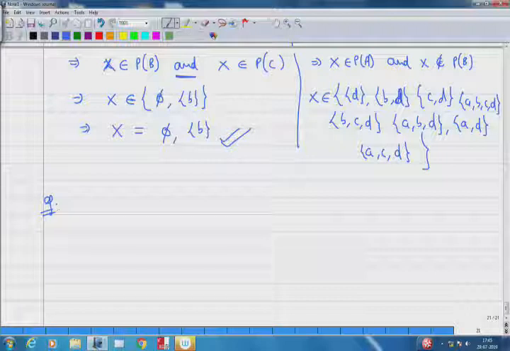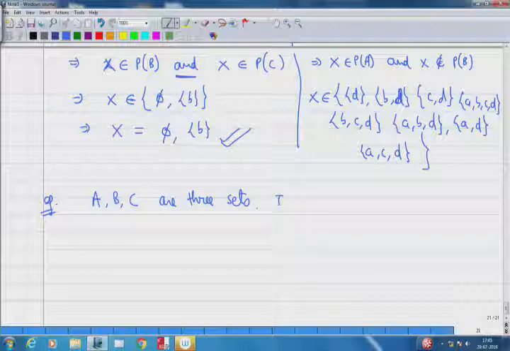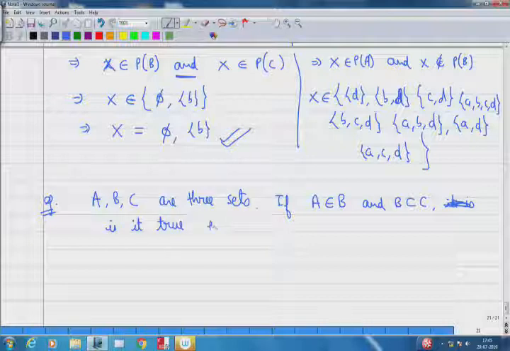Suppose the question is of proving like this: if A, B, C are 3 sets, it says if A belongs to B and B is a subset of C, it is asking, is it true that A is a subset of C?